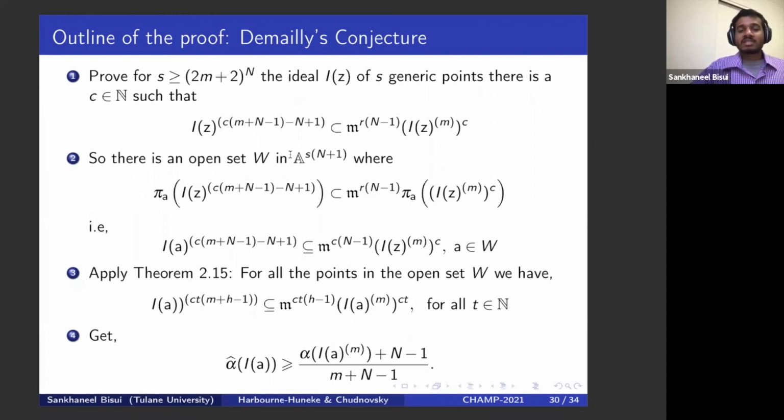Once we take the specialization, we have that one containment, and this will imply the containment that gives us Demailly's conjecture. So once we have this particular containment for a general set of points, we can derive that Demailly's conjecture is true for all those general sets of points.